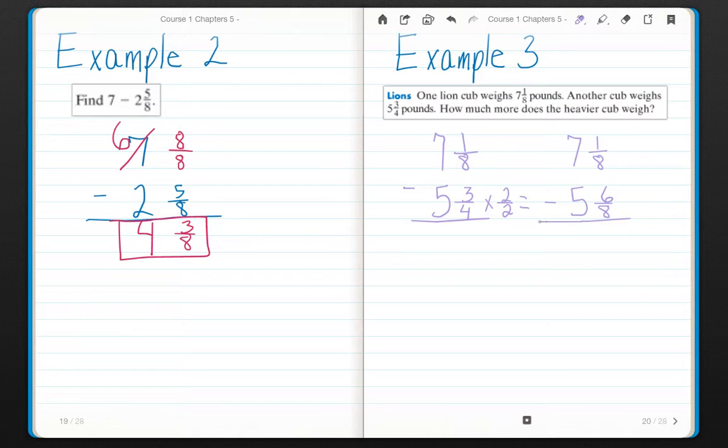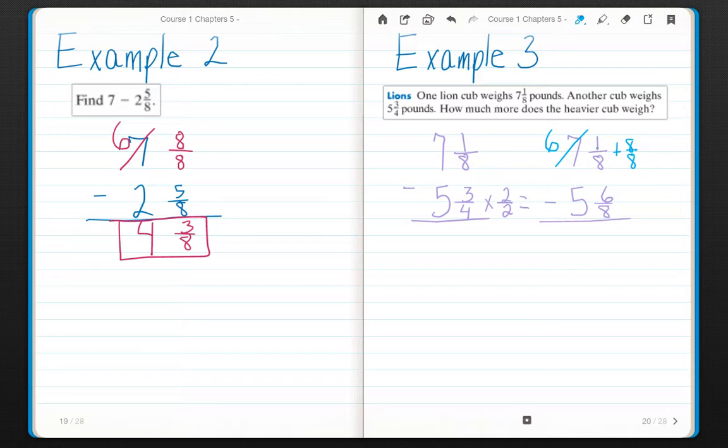6/8. Now I can subtract 1/8 minus 6/8, except I can't do that. So again, I need to borrow. I need to take a whole and break it up into 8/8. So I took a whole and broke it into 8/8.